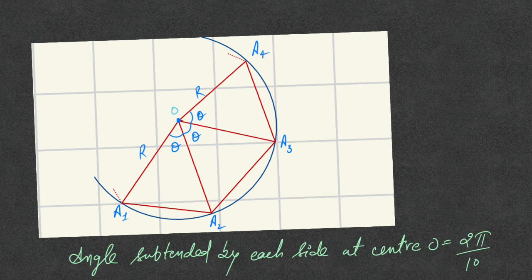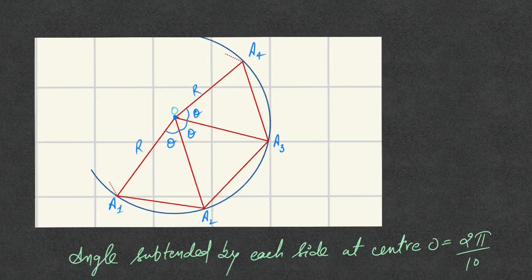The angle subtended by each side is nothing but 2 pi by 10, because there are 10 points. The angle subtended at the center is represented by theta. So this means theta is equal to 2 pi by 10. In the next step, we will just take one triangle, which is OA1A2.